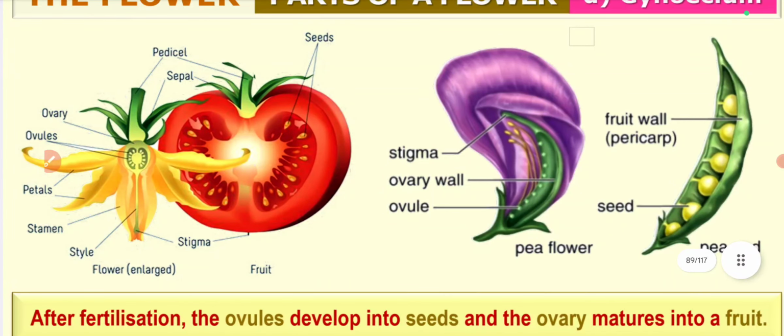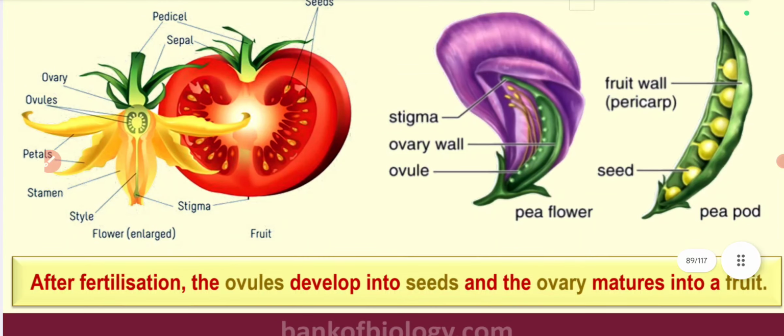Next, after fertilization, the ovule develops into seed and the ovary develops into a fruit.